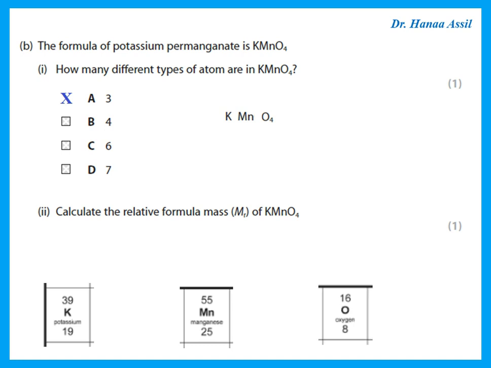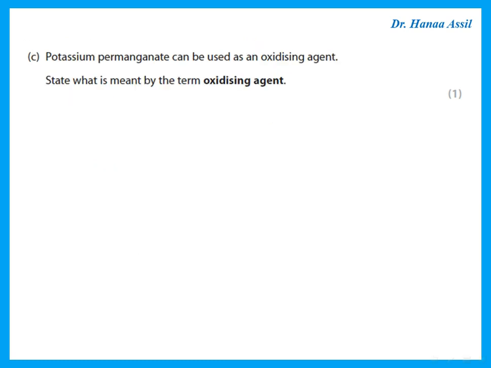Oxygen has a mass of 16. So I add all of these up. I have only 1 potassium, 1 manganese, but I have 4 oxygens. Remember that 4 applies to the oxygen. So I have 16 times 4. You add them all up, it comes to 158.